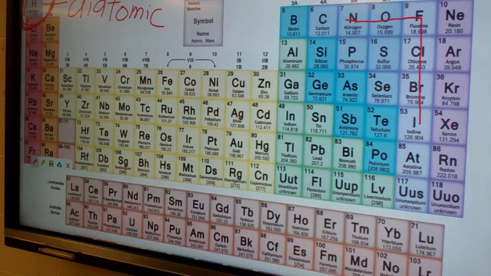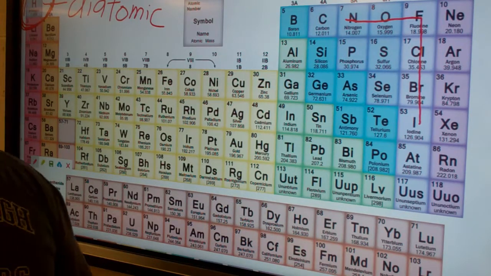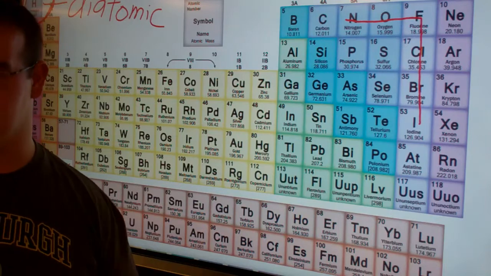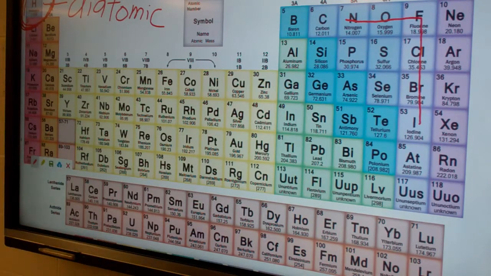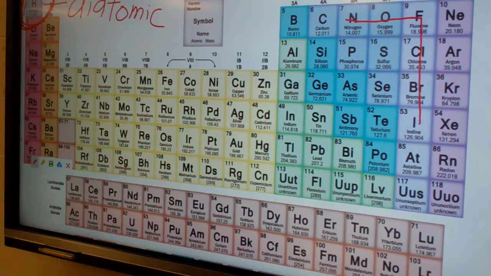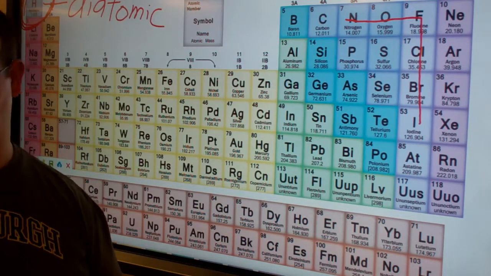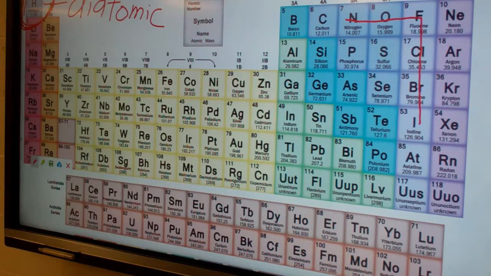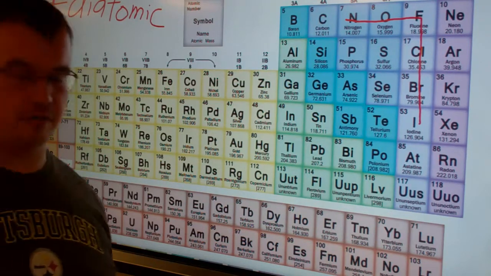So it never is just O. It's O2. It never is N. It's N2. So if it's by itself, there's 2 of them. So they're all going to be the letters and then 2. Like we have oxygen up here. I'll write them up here.